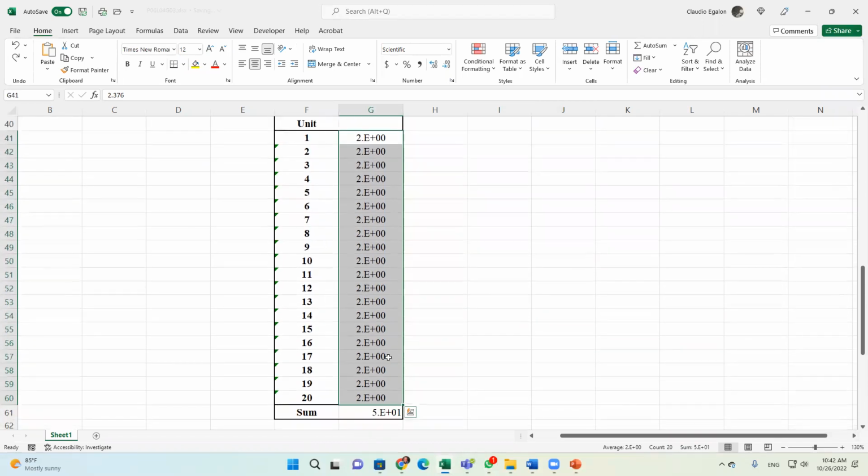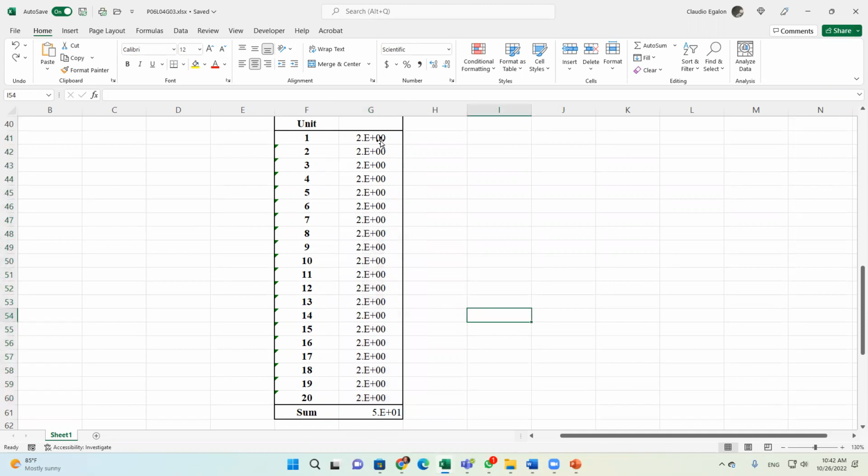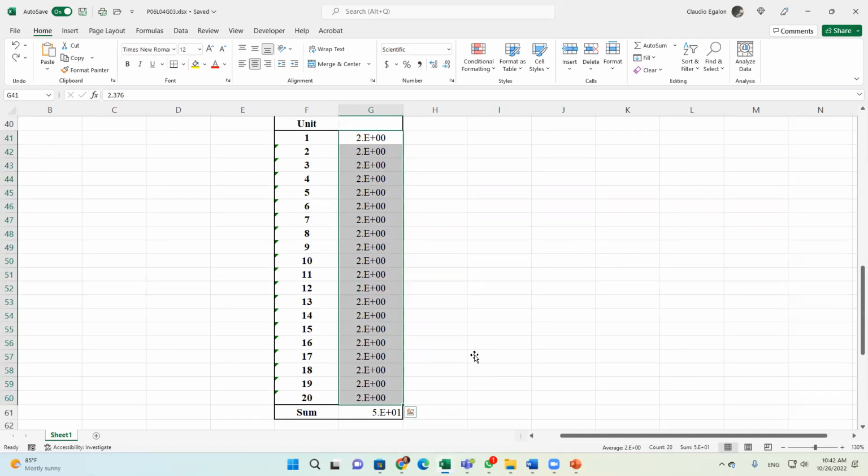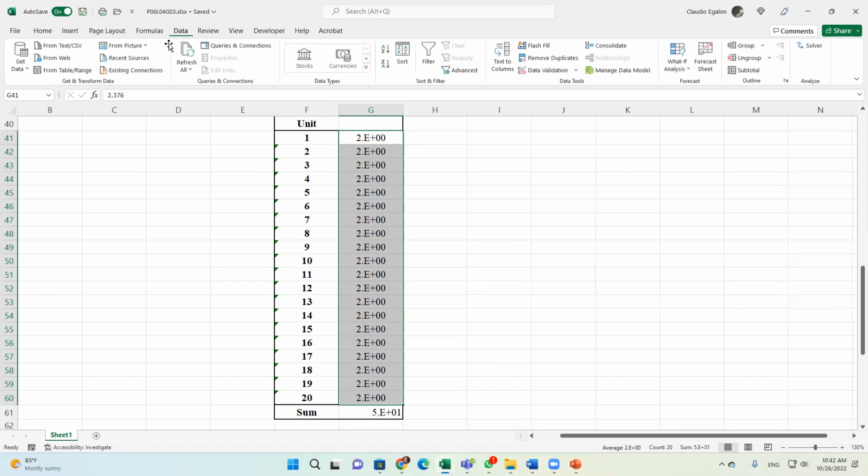If you do it manually, it's going to take a longer time. If you know how to use Excel, it's going to be quicker. So how do you do it? First, you highlight all those data cells, and you go to Data. And then there is this icon here that allows you to sort the values.